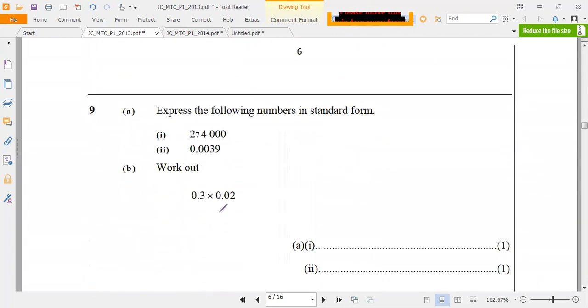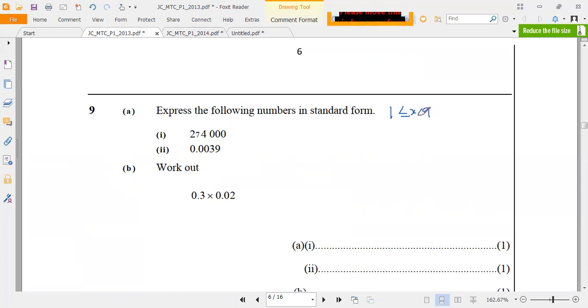Okay. Number 9, express the following numbers in standard form. Standard form is a way in which we write numbers such that we only leave one number before the decimal point and all the other numbers are after the decimal point. The number before the decimal point should be between 1 and 9, and both 1 and 9 are included.